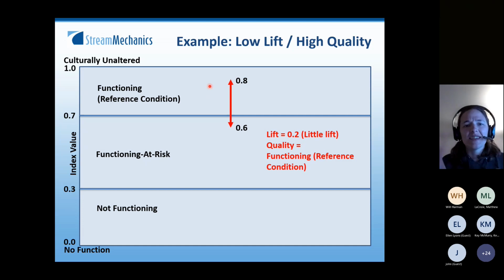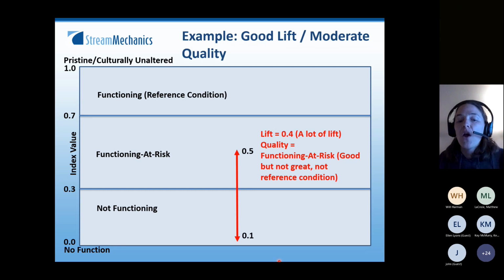But just remember this slide and the next slide when you try to do that. This change in conditions, turning everything green, yielded 0.2 of lift. So you ended at a high quality, but you only had 0.2 of lift. Whereas if you have a pretty terrible stream, not functioning, bottom of the barrel, you have a lot of opportunity there and you can provide a lot more functional lift. In this case, this is double the lift, at 0.4.